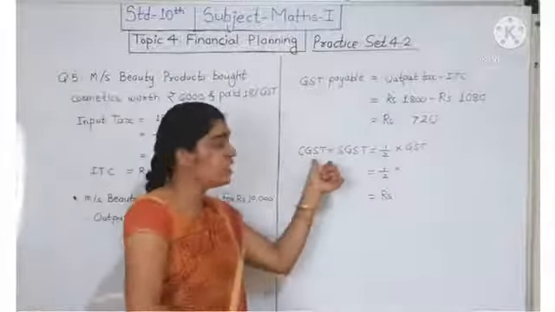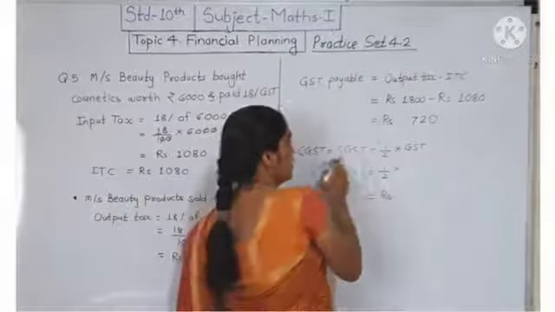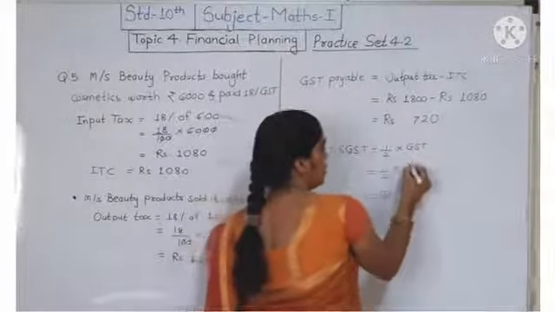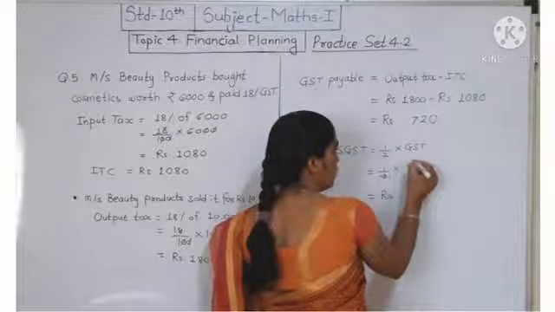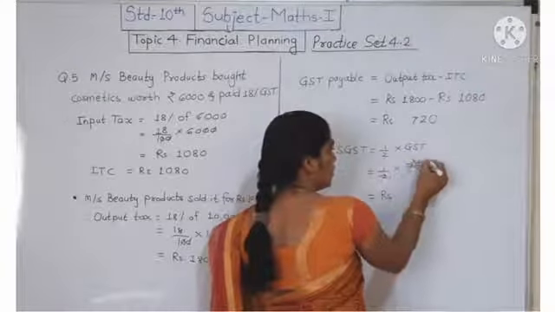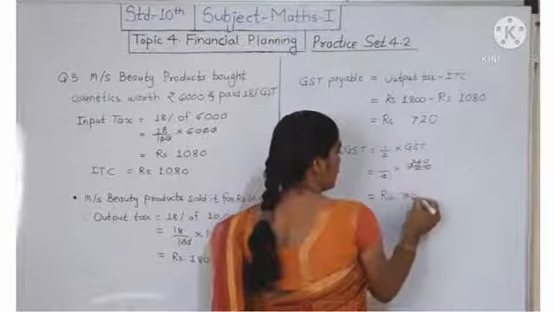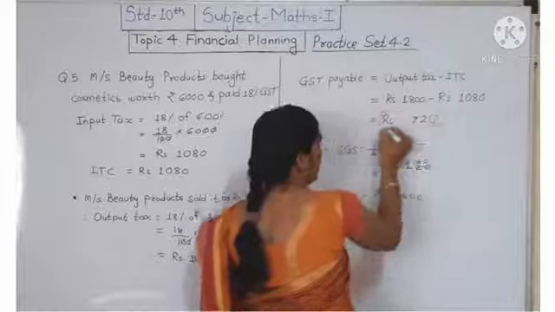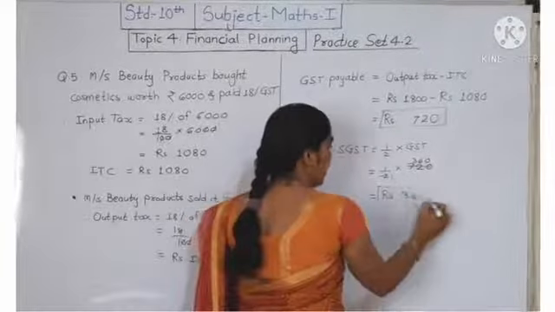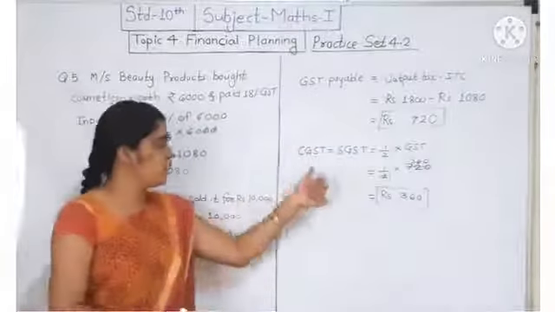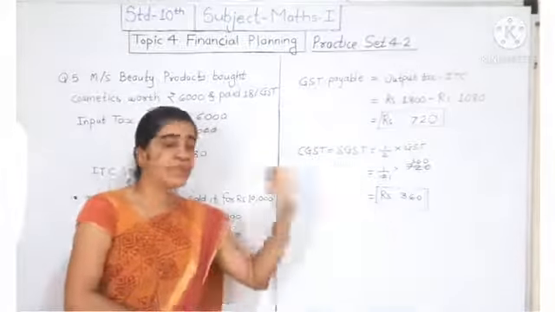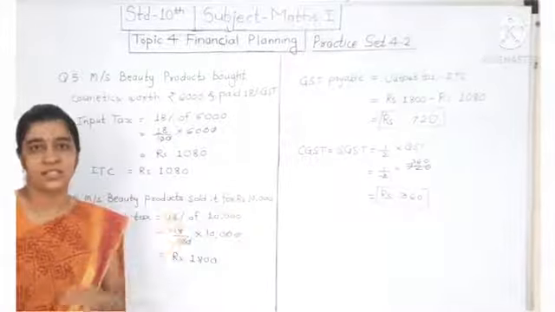So we have to find CGST and SGST. What is the CGST and SGST? Half of GST. GST is 720. Therefore, 2 ones are 2, 2 threes are 6, 2 sixes are 12. That is GST payable is rupees 720 and CGST and SGST for Mrs. Beauty Products is rupees 360.